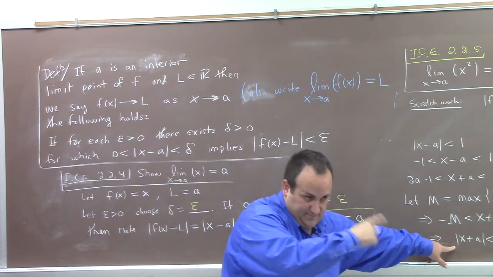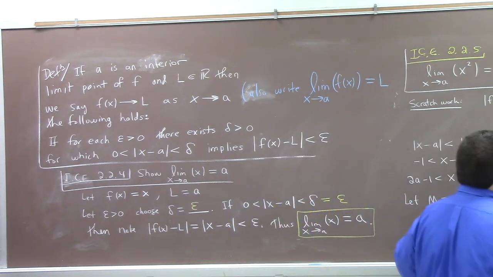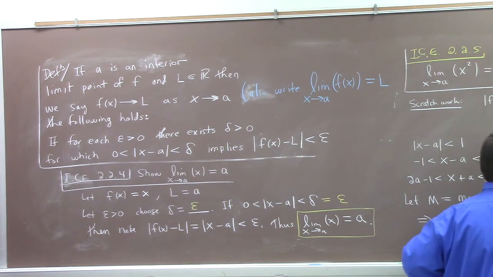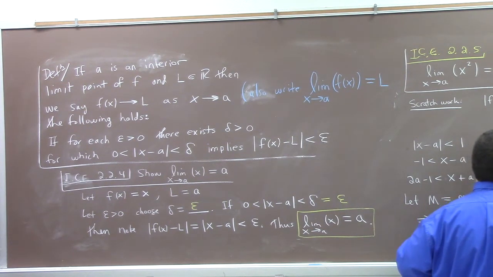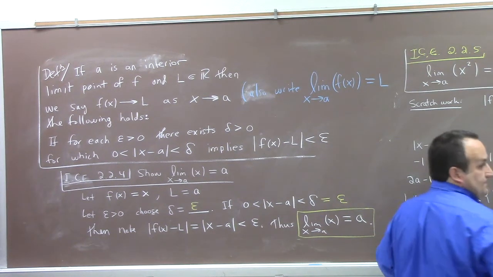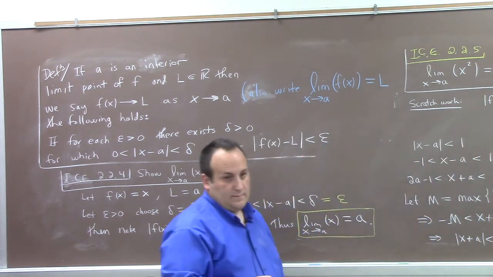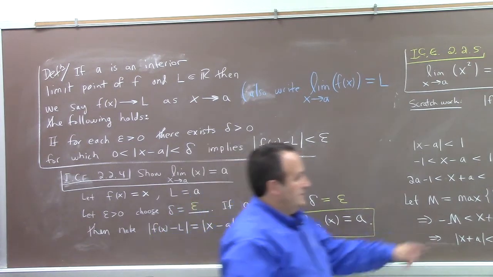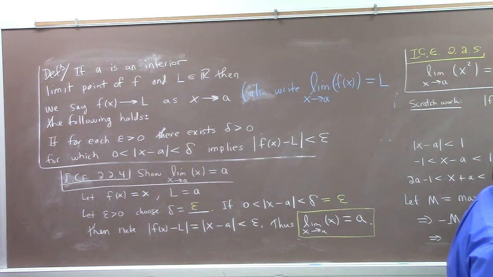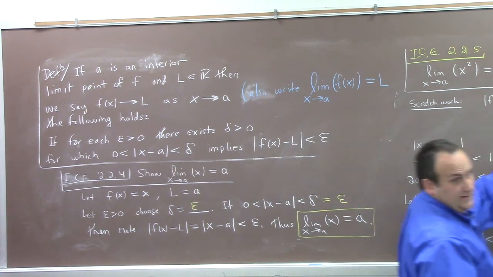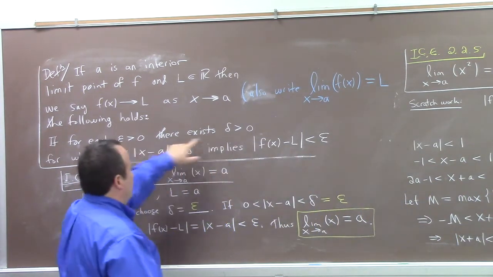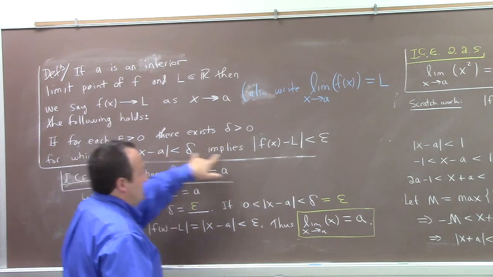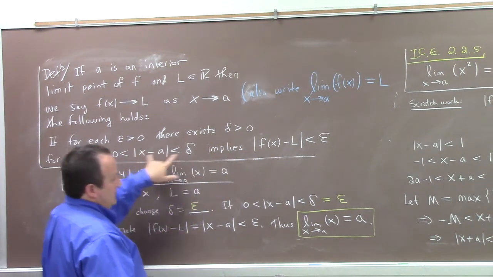So with this ball of wax right here, I could make this less than what? Less than delta times m, right? Because this is less than m, and I get to make this less than delta in the proof. In the definition, there exists a delta greater than 0 such that this condition implies that. So we assume this to try to get that.